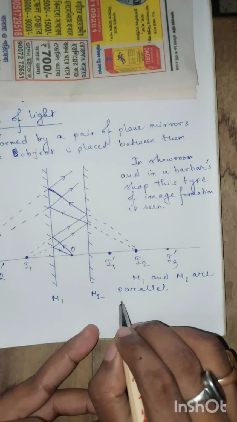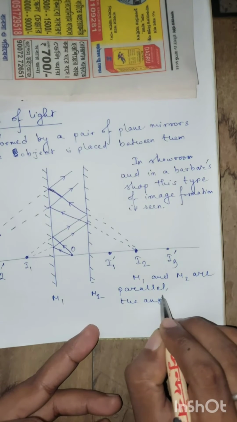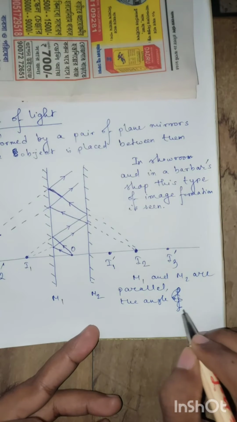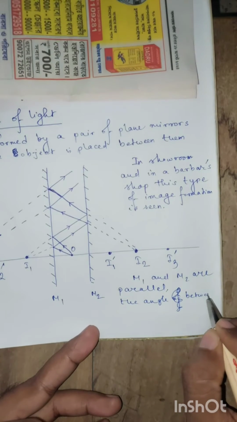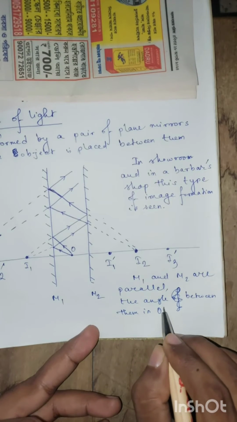That is, the angle between them is 0 degree.